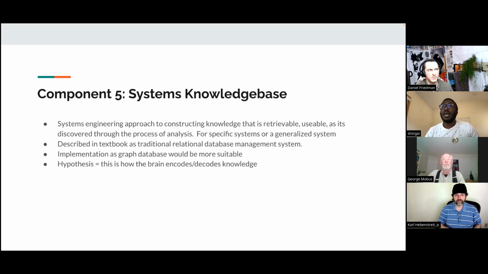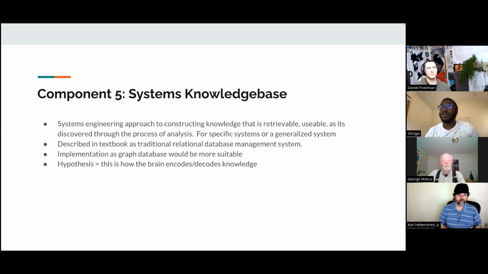And then the final component is the systems knowledge base. So you described this, George, during our last meeting as a systems engineering approach to constructing knowledge that is retrievable and usable, as it's discovered through the process of an analysis. And this could be for a specific system or for a generalized system.